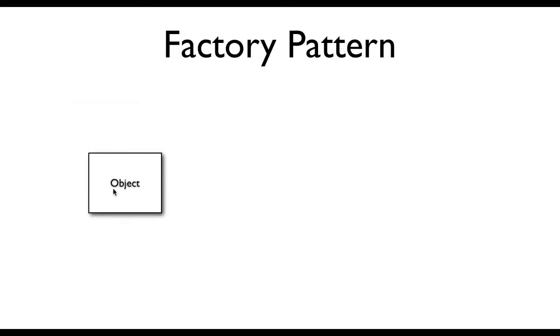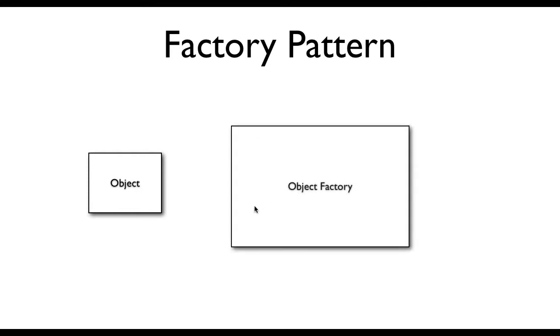Again, I have the object here. Instead of creating a new object B, I make a call to another object, which is a factory object. I have this object factory, which is again another Java object, and the whole job of this object factory is to create new objects and then hand them over to the object.